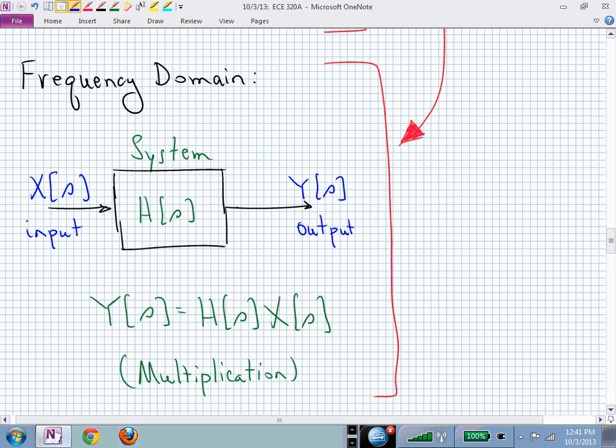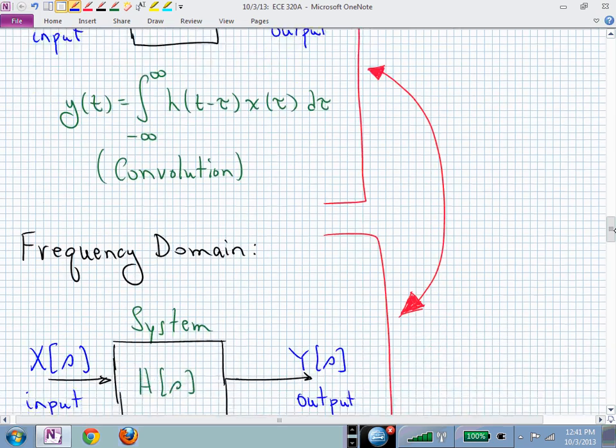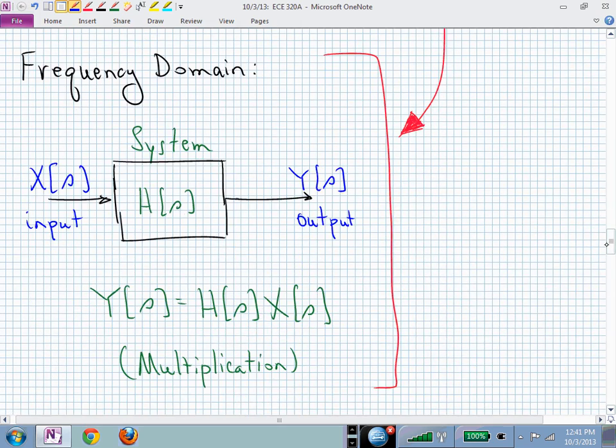You can also solve the problem, meaning these two red brackets are connected by the Laplace transform. You could jump into the frequency domain and analyze the system in the frequency domain. You would Laplace transform your input signal, little x of t, and generate a capital X of s. You would analyze your circuit.